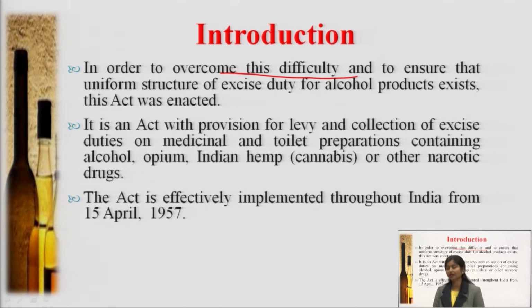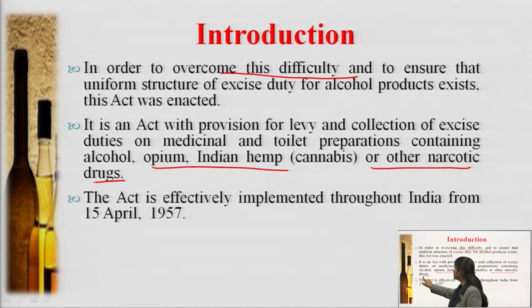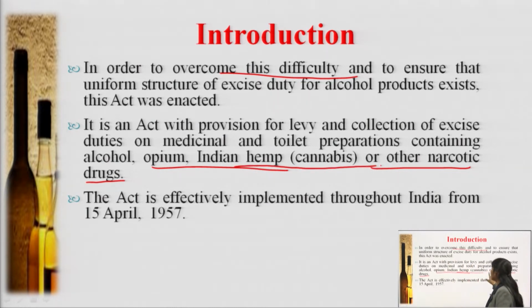As you can see, these words are repeated, that is opium, Indian hemp or other narcotic drugs, because these are also covered under excise duties or custom duties. Whether we are talking about alcohol or these drugs, we will study in detail in the next topic, that is narcotic drugs. If we are dealing in these, then we have to pay the excise duty, which has to be uniform.